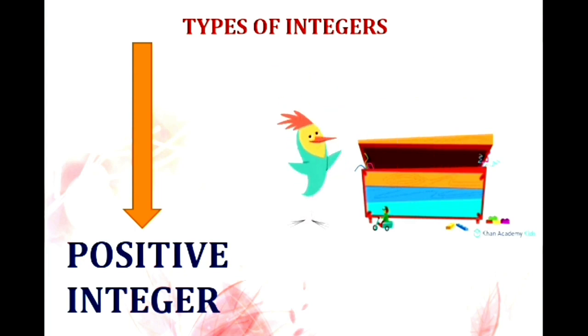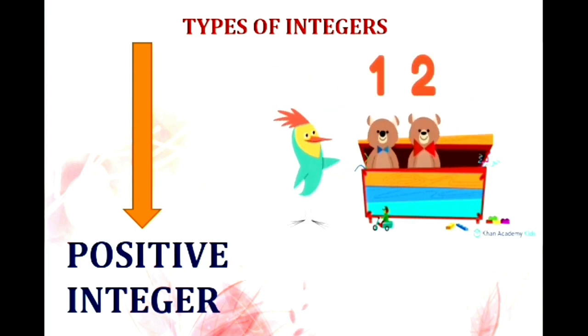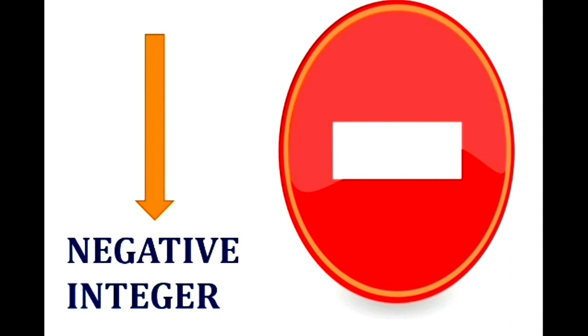And if there is no sign, that means it's a positive number. Next is negative integers. Negative integers include -1, -2, -3 and so on. But we have 0 in between. We should know 0 is neither a positive nor a negative integer.